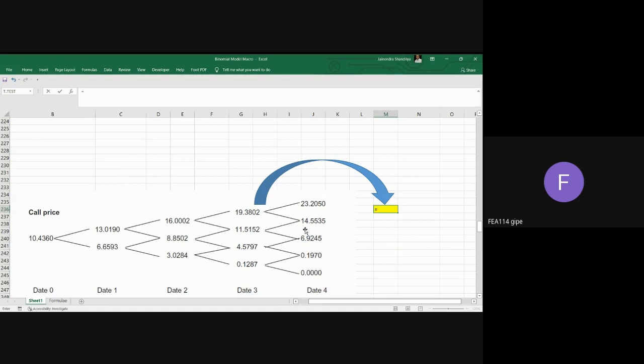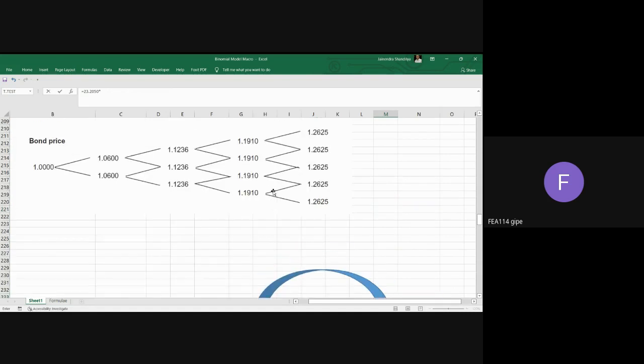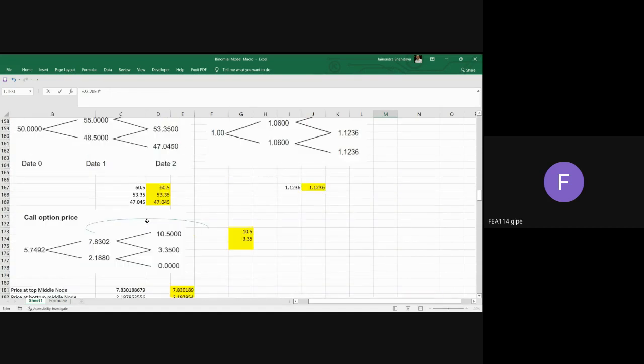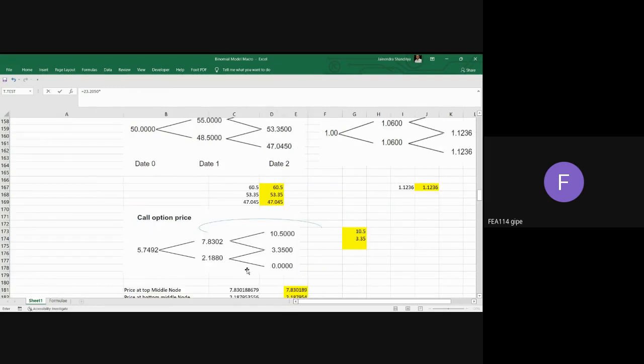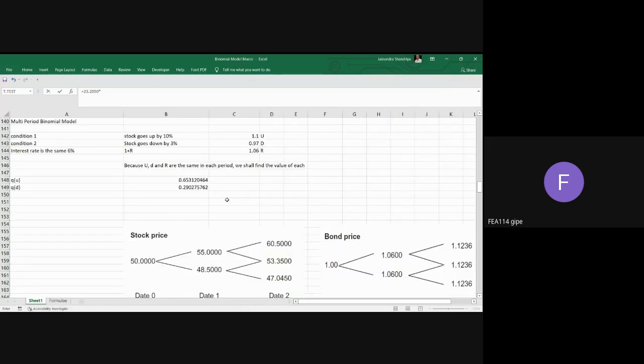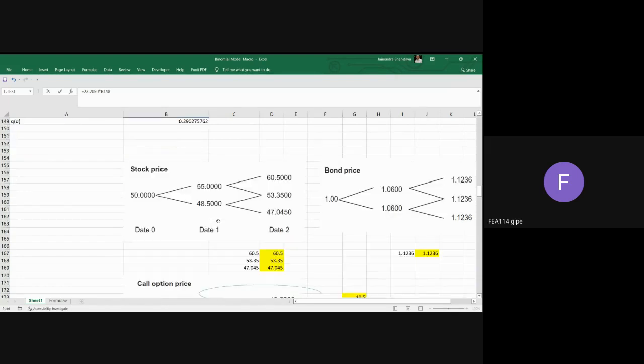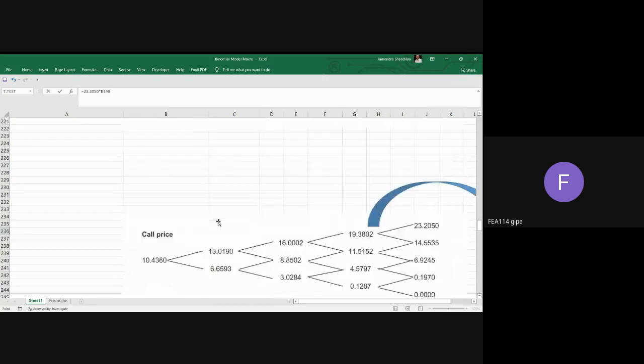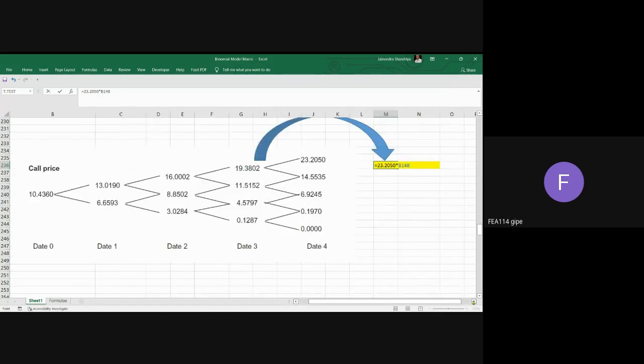So we'll write 23.2050 into this QU, which is 0.653, plus the B149 into 14.5535. You got exactly the price at this node.